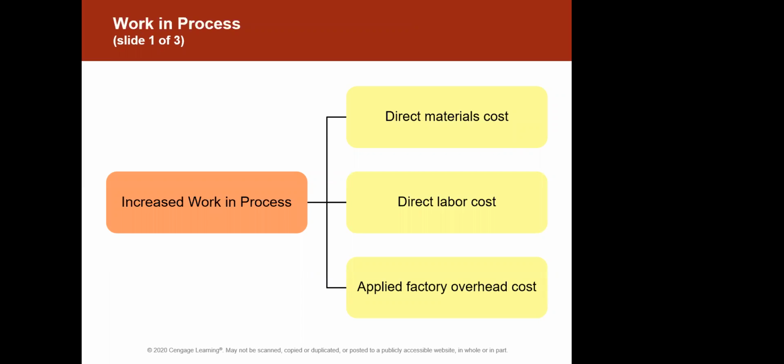So just remember, when we do work in process, it's going to include direct materials cost, direct labor cost, and any applied factory overhead. The overhead is going to be the most confusing part of this chapter because it's new, right? The other stuff is new too, but it's more common sense.